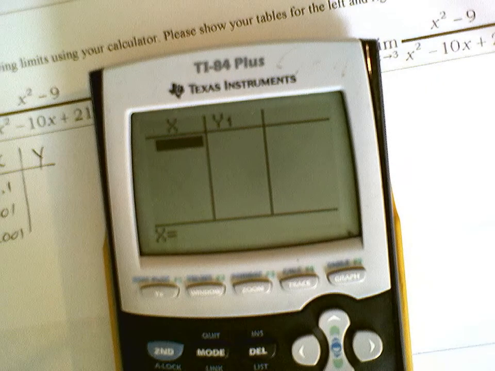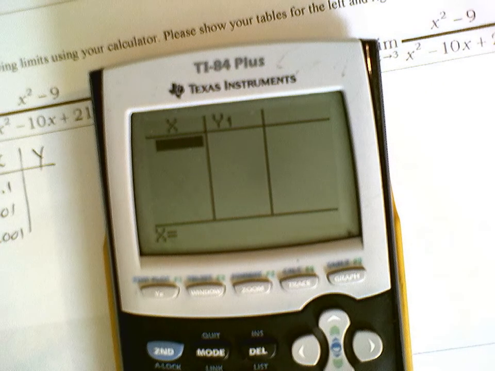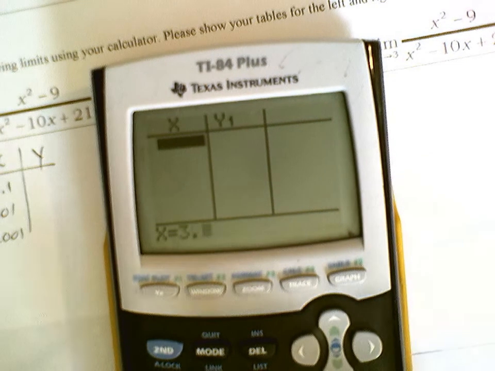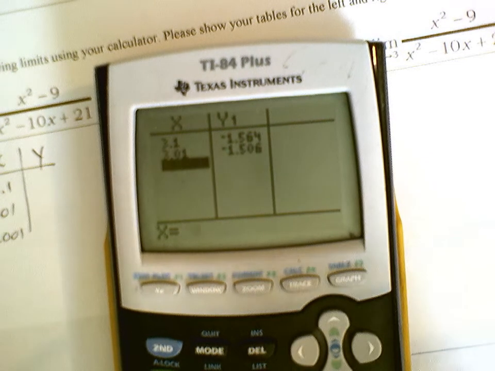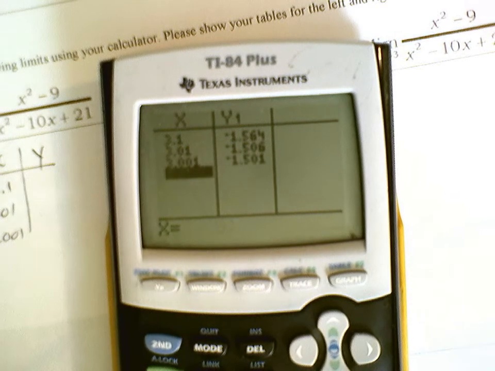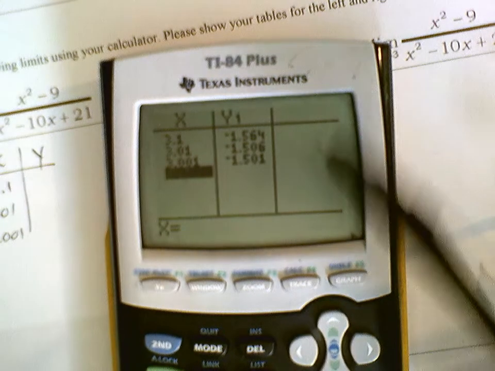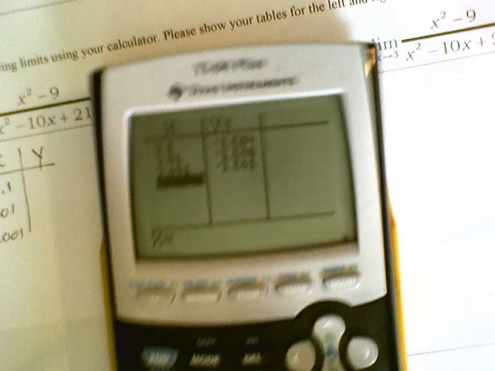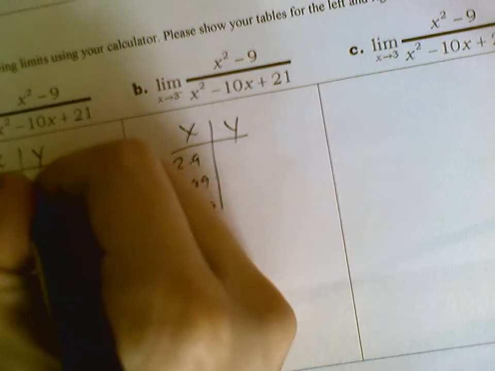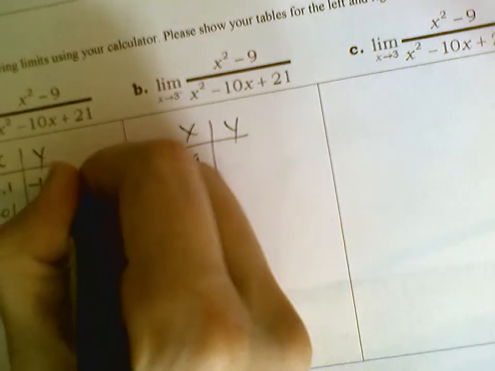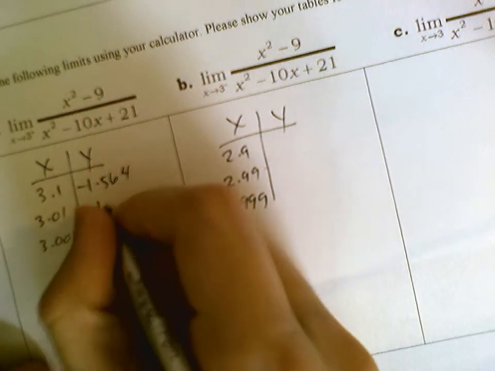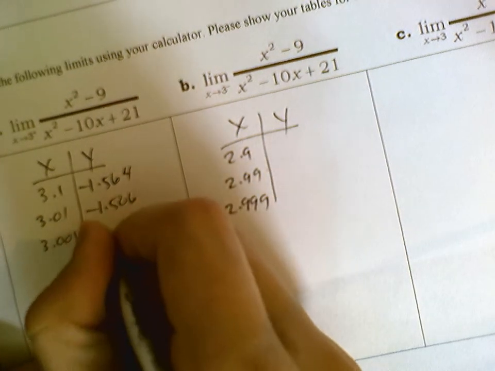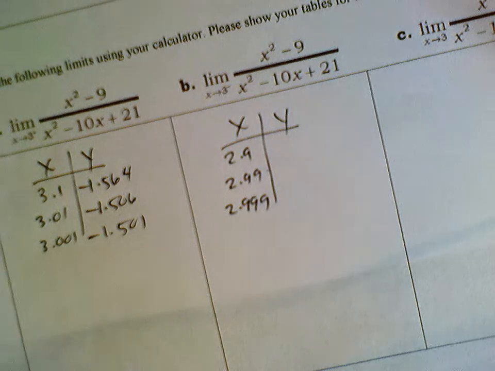Okay, so from the right, 3.1, enter, 3.01, 3.001. Okay, so I've got these y values, which I'll write down and then talk about what they mean. We've got negative 1.564, negative 1.506, negative 1.501.